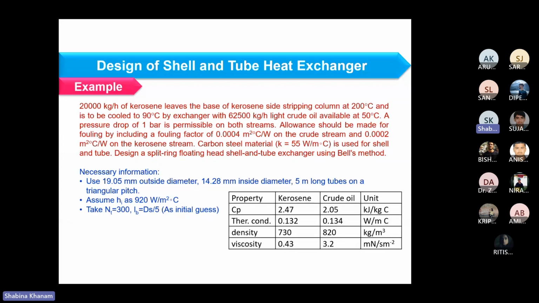If you see, the example is like here I am having 20,000 kg per hour of kerosene, leaves the base of kerosene side stripping column at 200 degrees Celsius and is to be cooled to 90 degree by exchanger with light crude oil available at 50 degrees Celsius.